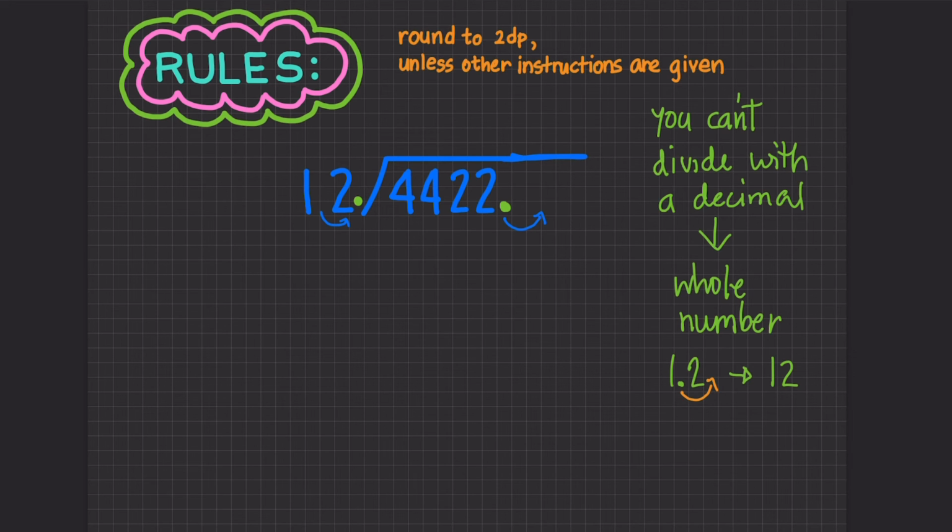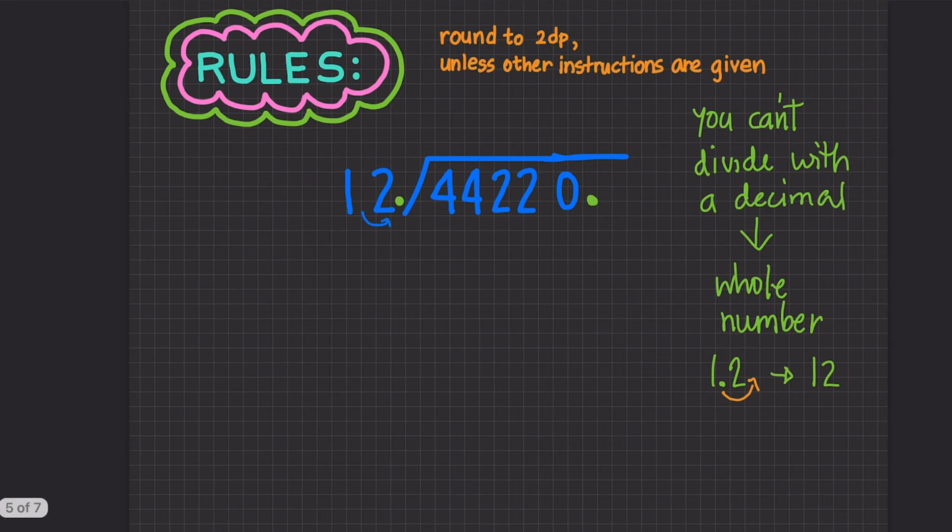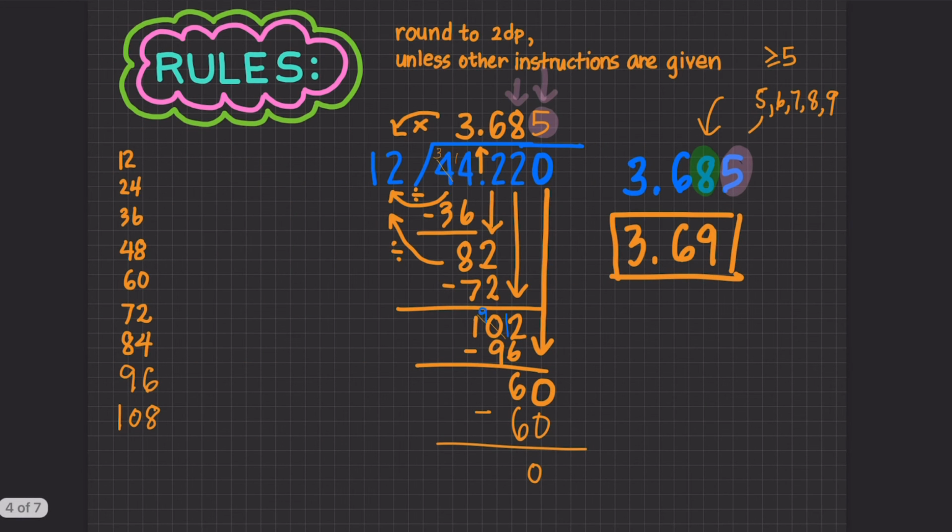So what are we going to do? There's a gap. You put a 0. So now this decimal point is over here, and then you can divide. Let's start dividing. Let me just copy our table of 12 from this side.